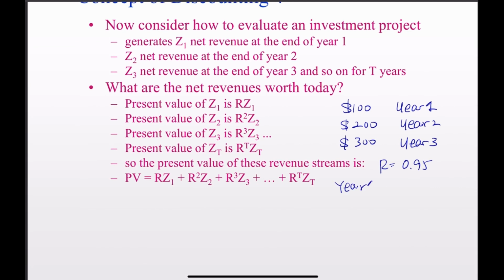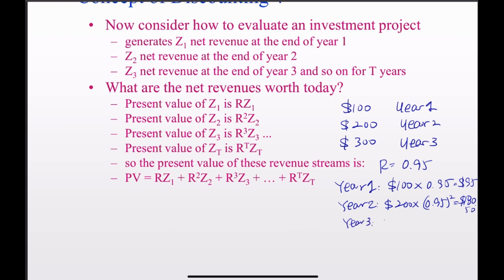Year 1, 100 times 0.95, which is $95. Year 2, $200 times 0.95 squared, which is $180.50.